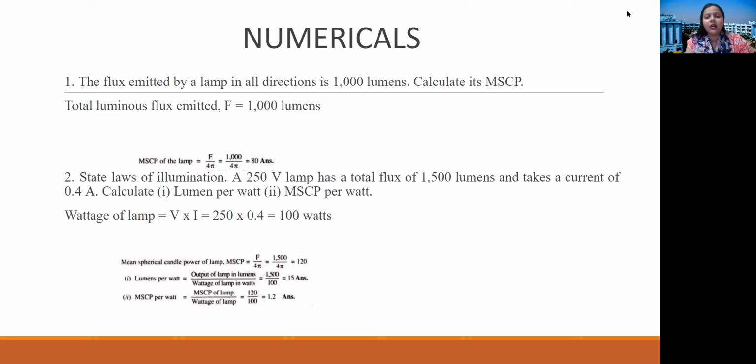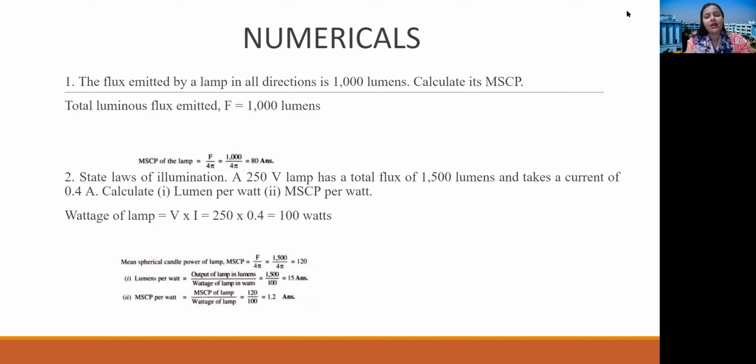Along with MSCP, we have another term, MHCP, mean hemispherical candle power. MSCP is defined as total flux divided by 4 pi, and MHCP is defined as total flux divided by 2 pi.